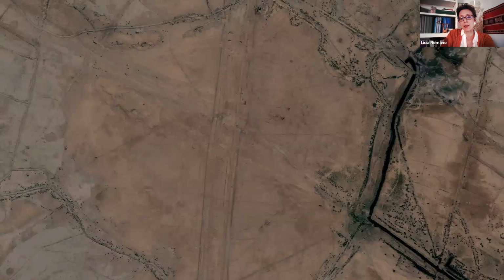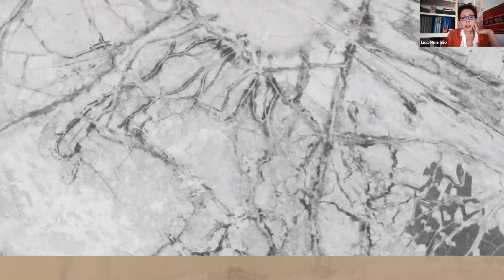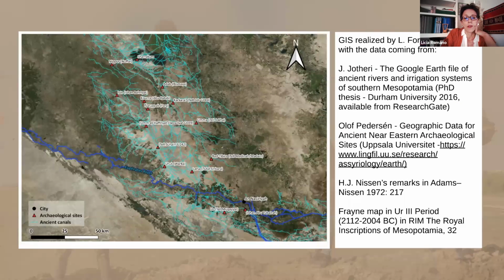The Abu Tbeirah settlement was reduced gradually towards the northeast, where we found mud bricks dated to king Amarsuena, and this connects Abu Tbeirah with the other sites in which bricks of Amarsuena have been found. Here you can see a GIS realized by Luca, joining together all the data available from other colleagues.